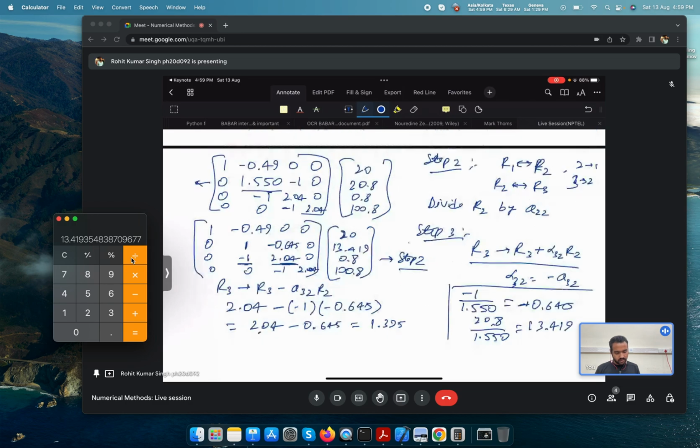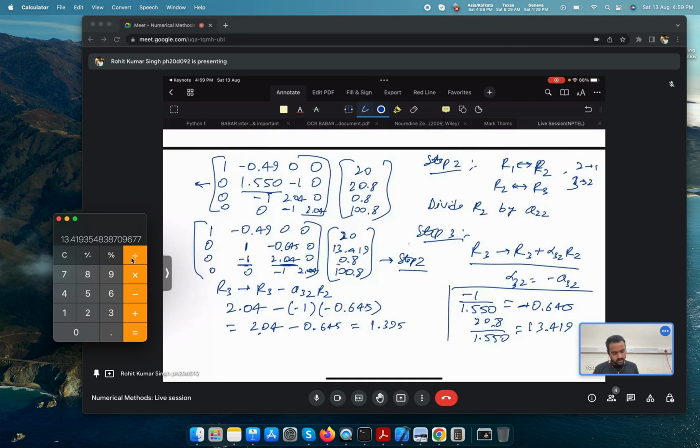And also in the last step, for this B matrix you have 0.8 minus of minus 1, and at row 2 you have 13.419. So this is 0.8 plus 13.419, which is 14.219.